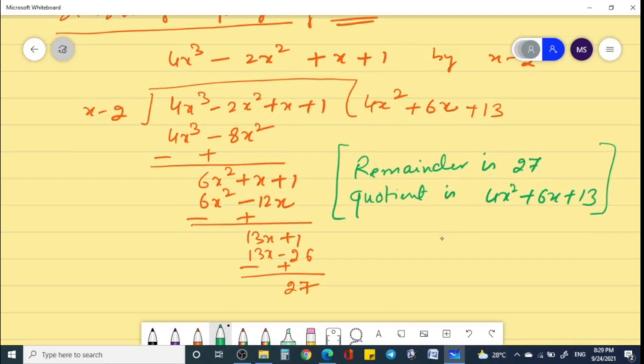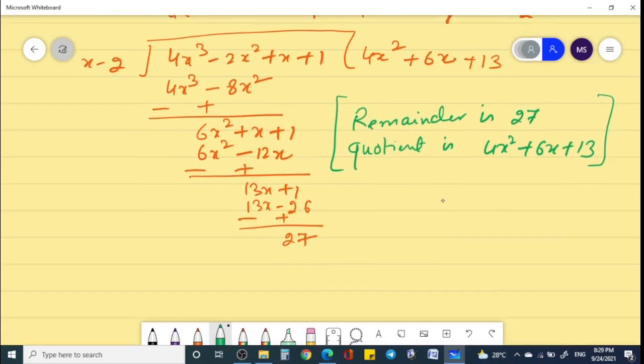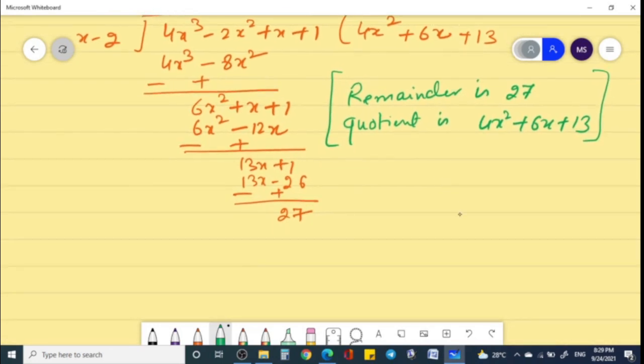So we discuss here a practical method, the synthetic division method. How can we use synthetic division to determine the quotient and remainder?